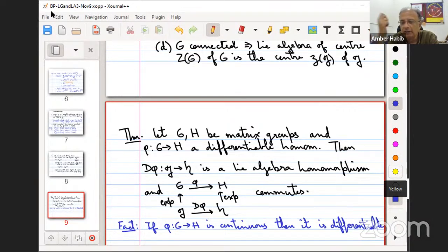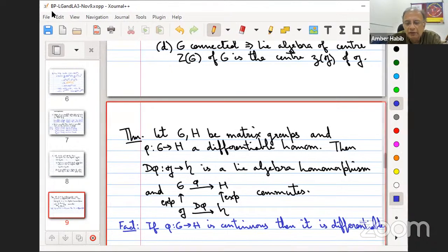So that is how we can have some program where we first try to understand Lie algebras, their structure, their homomorphisms, their subalgebras, and then put that to use to discover the corresponding things for Lie groups, their subgroups, their normal subgroups, and so on, their representations.